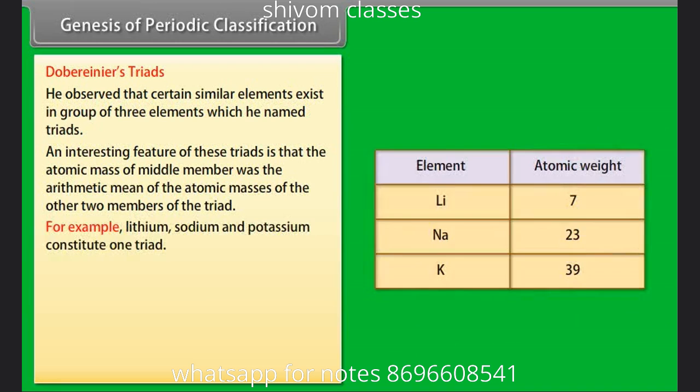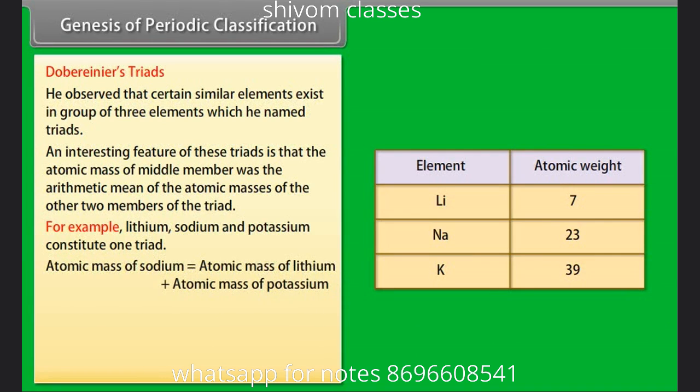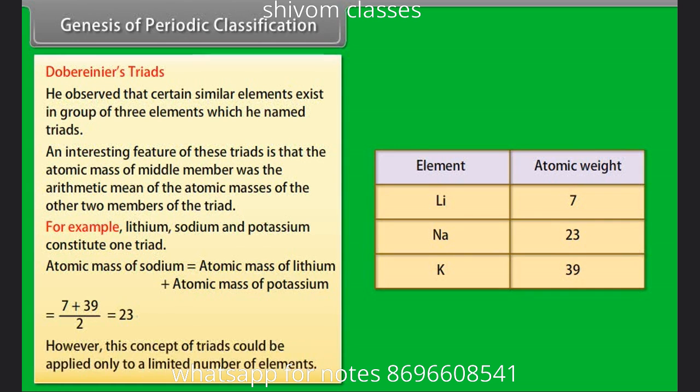For example, lithium, sodium and potassium constitute one triad. Atomic mass of sodium is equal to atomic mass of lithium plus atomic mass of potassium by 2, is equal to (7 + 39)/2 = 23. However, this concept of triads could be applied only to a limited number of elements.